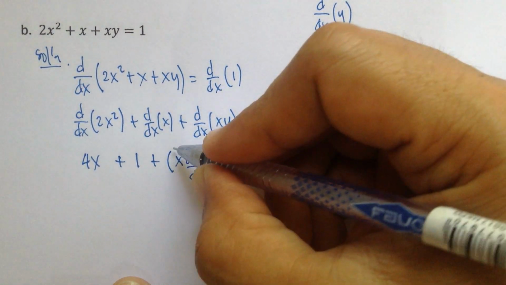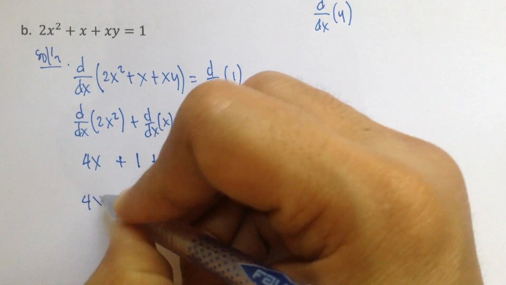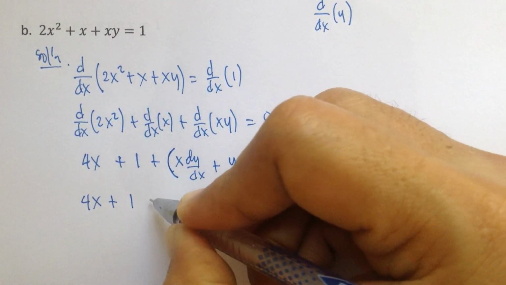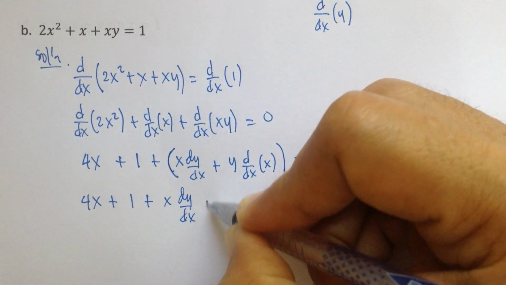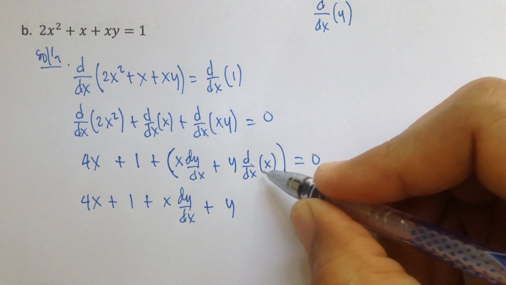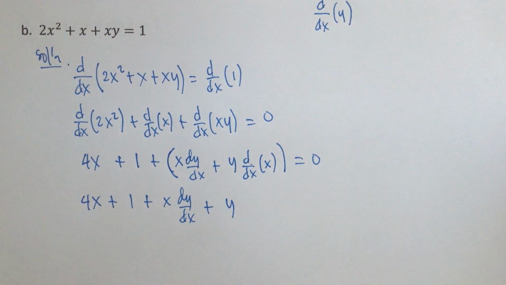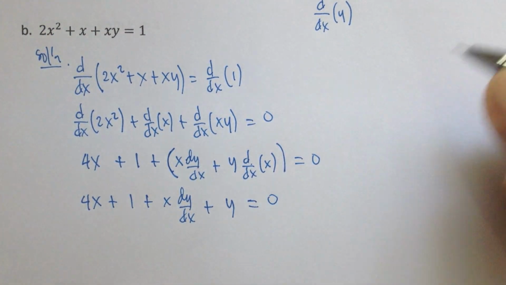Then this is equal to 0. Simplifying, we have 4x plus 1 plus x dy dx plus y times the derivative of x with respect to x, which is equal to 1. So we are left with y here, and then you have 0.